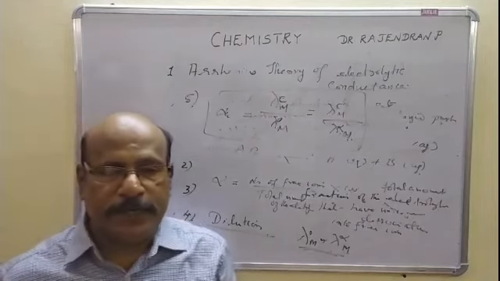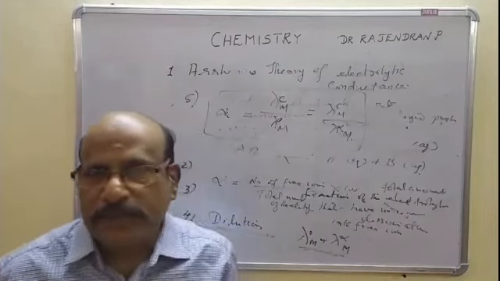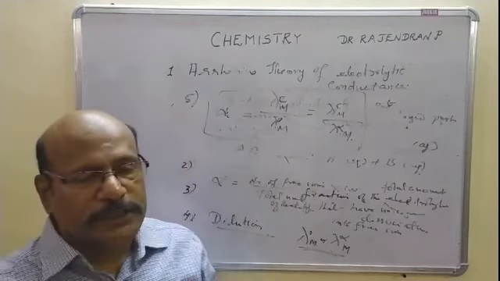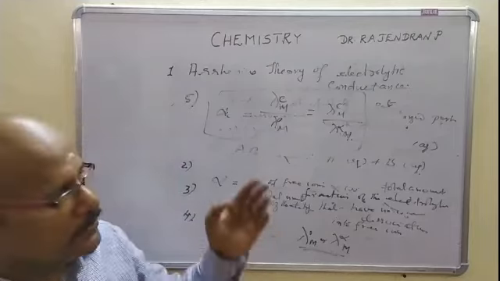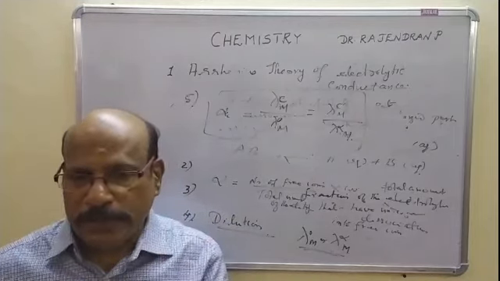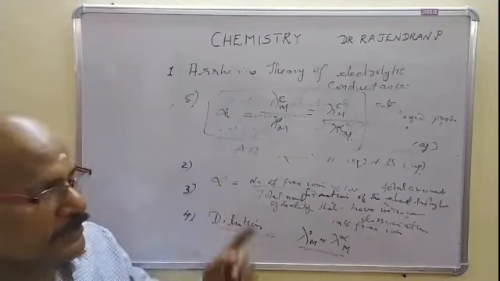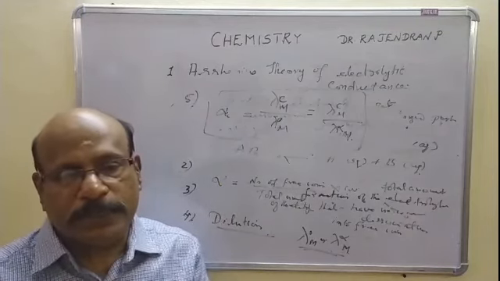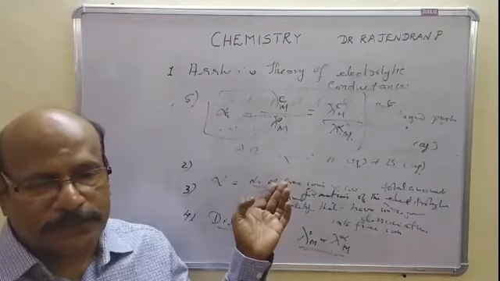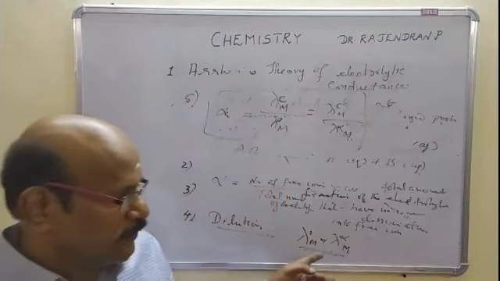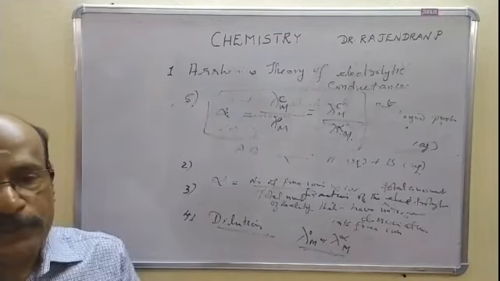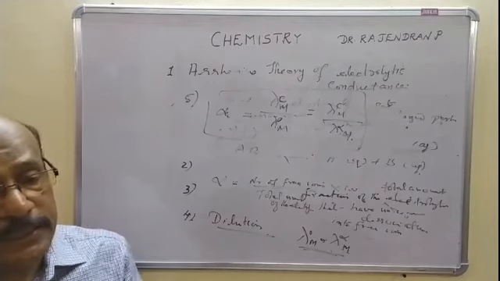Assuming that the speed of the ion does not vary with the concentration of the electrolyte, he said that the degree of dissociation of the electrolyte at any concentration is the ratio of the molar conductance at a given concentration to its molar conductance at zero concentration or at infinite dilution. Because at infinite dilution the dissociation of the electrolyte is almost complete, so that it will exhibit its full conducting power.